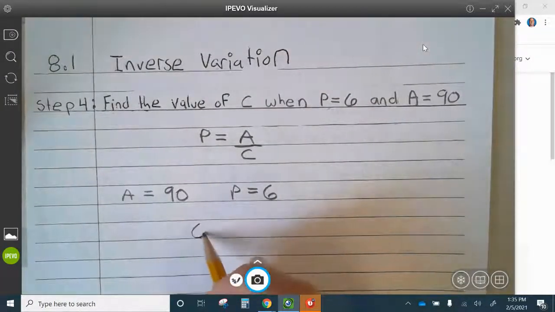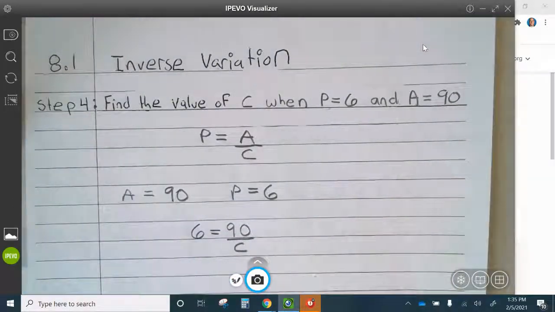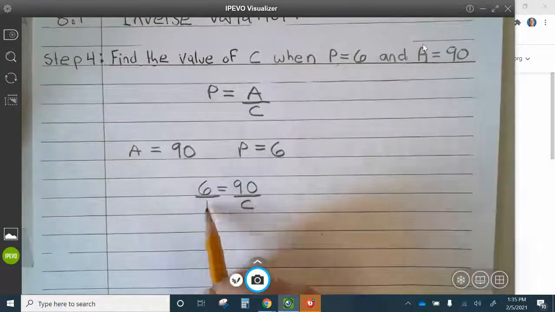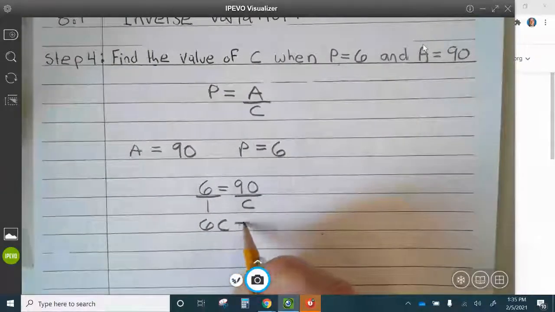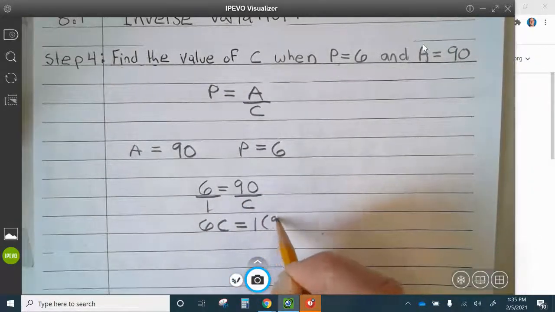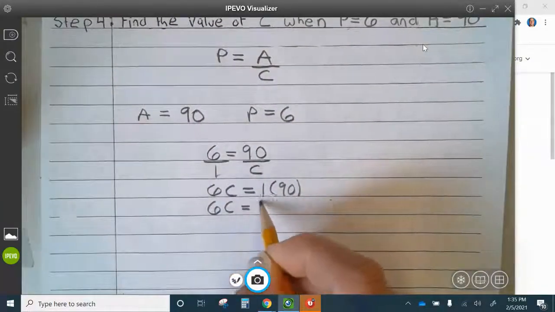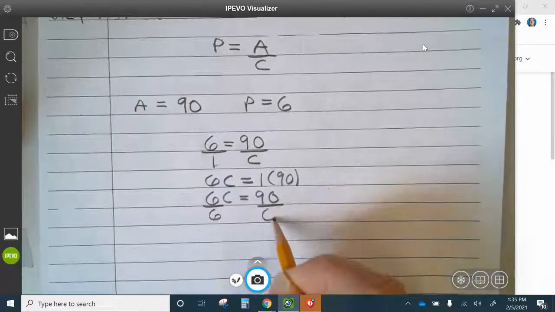So 6 equals 90 divided by C, okay, divided by 1, cross multiply. So 6 times C is 6C, and 1 times 90 is 1 times 90. So 6C equals 90. Divide both sides by 6.